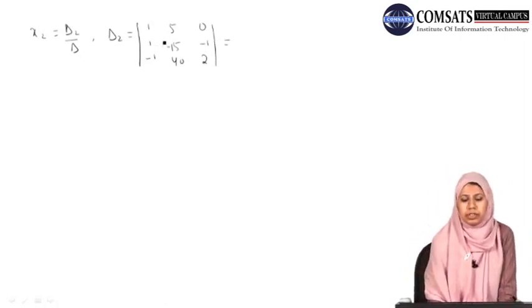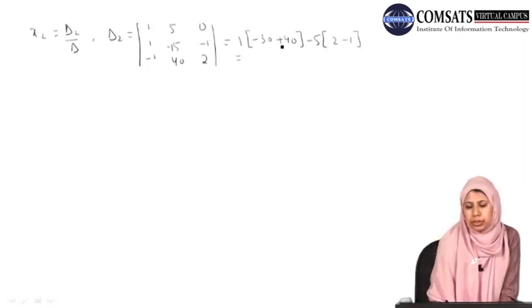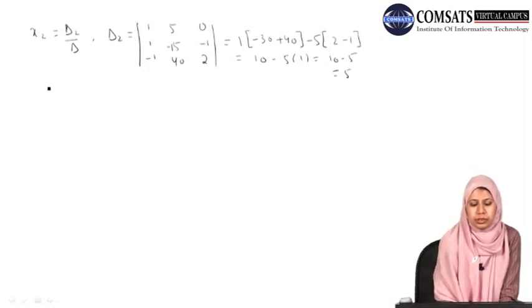We will take the determinant with respect to the first row, which will be 1 into minus 30 plus 40 minus 5 into 2 minus 1, which is 10 minus 5 into 1, which is 10 minus 5, which is 5. So our x2 is delta 2 over delta, which is 5 over 1, which is 5.